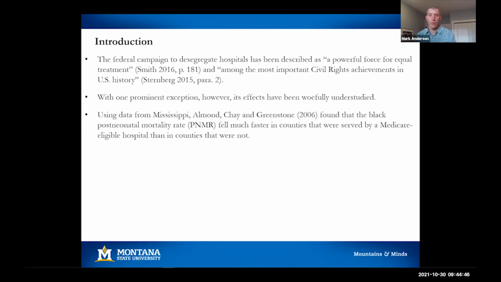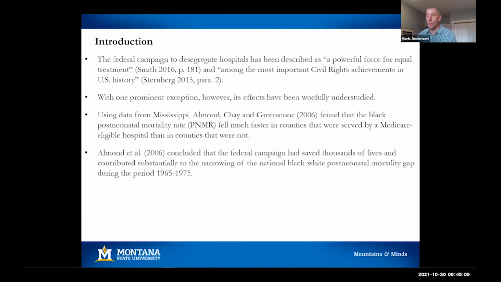Almond, Chay, and Greenstone used data from Mississippi and found that the Black post-neonatal mortality rate, and I'll mention why they focus on the post-neonatal period in a few minutes, fell much faster in counties that were served by a Medicare-eligible hospital than in counties that were not. And they concluded that this federal campaign to desegregate saved thousands of lives and contributed substantially to the narrowing of the national Black-white post-neonatal mortality gap during the period 65 to 75.